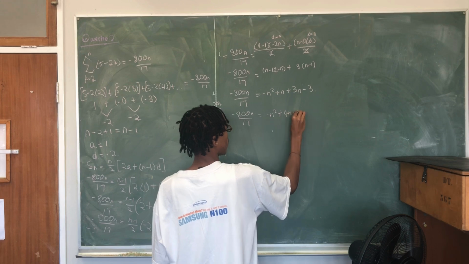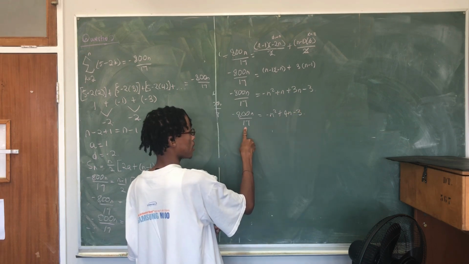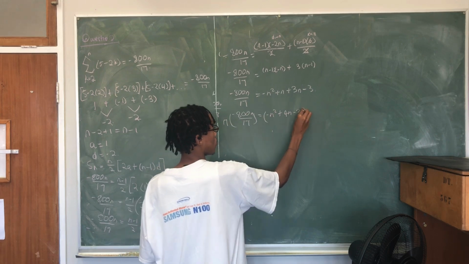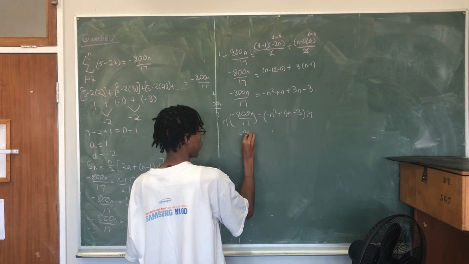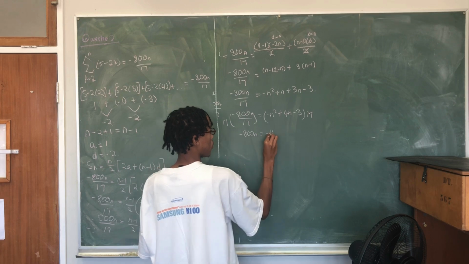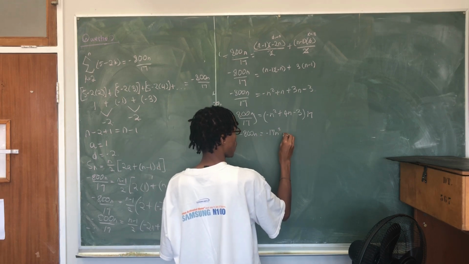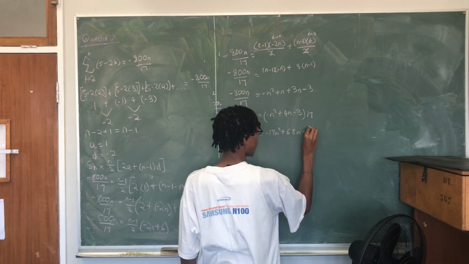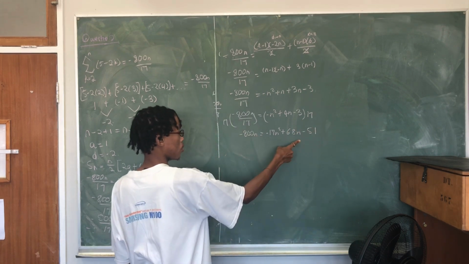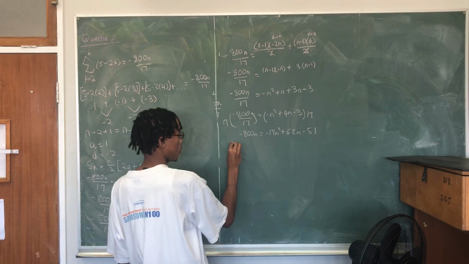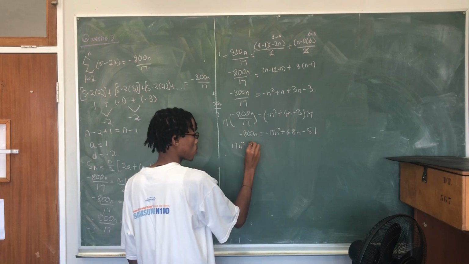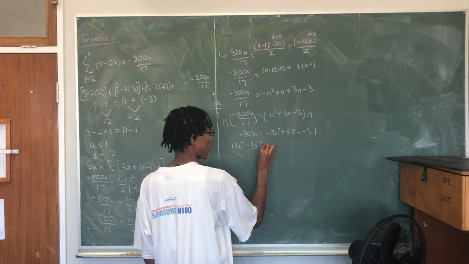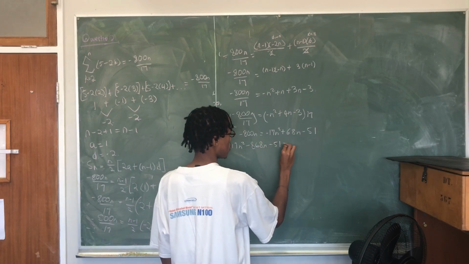Plus 4n minus 3. Multiply 17 throughout: minus 17n squared plus 68n minus 51. And then transpose all these values to this side. You're going to have positive 17n squared minus 868n minus 51 is equal to 0.